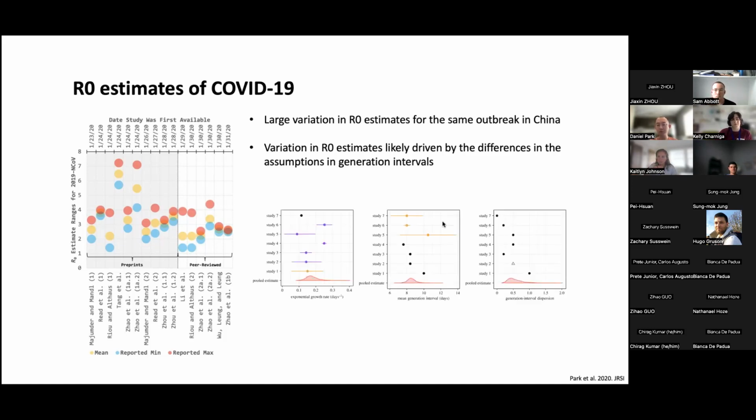We showed that you can break down their estimates in terms of growth rate, the mean generation interval, and what we call generation interval dispersion, which I think is a coefficient of variation. I can't remember if it's squared or not. So you can break these apart and compare what seem like disparate estimates of R naught as disparate estimates of generation interval.